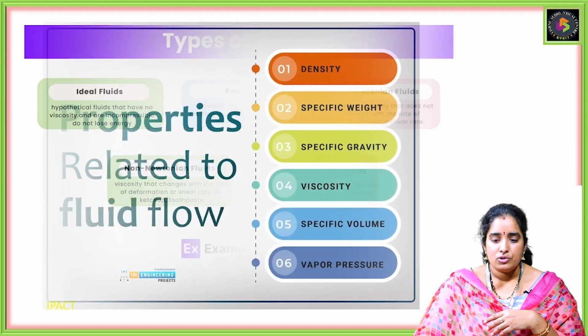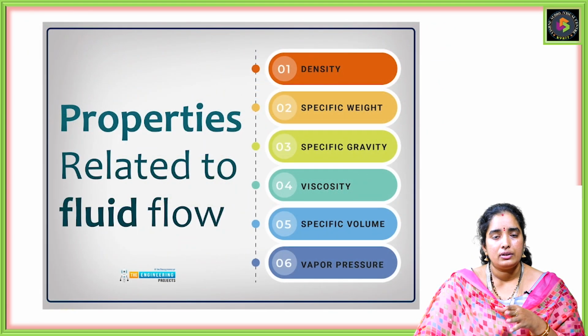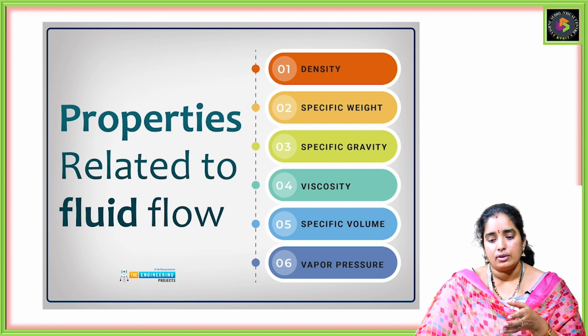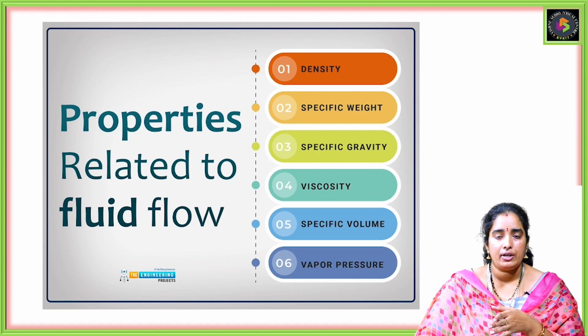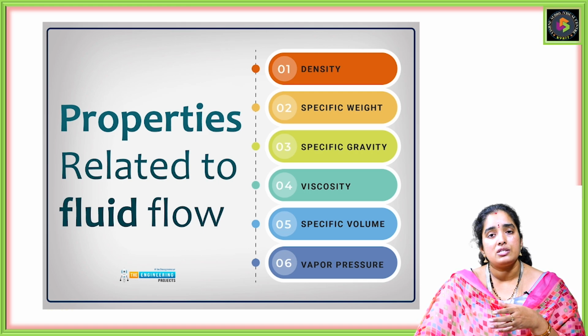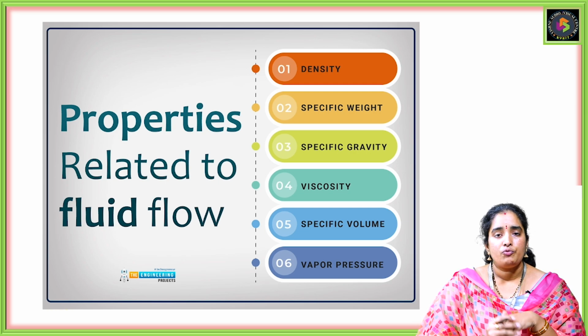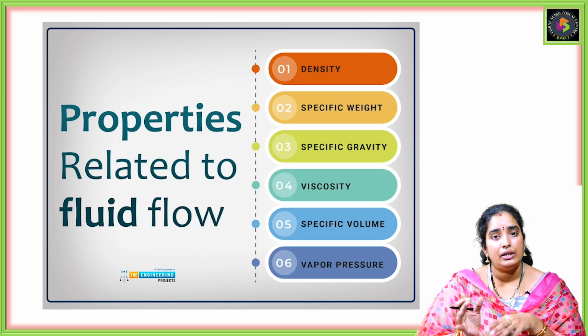Before that, I just want to mention the different properties of fluids: density, specific weight, viscosity, specific gravity, vapor pressure and specific volume. These are the general properties of the fluid whenever you have to deal with a fluid in any industry.